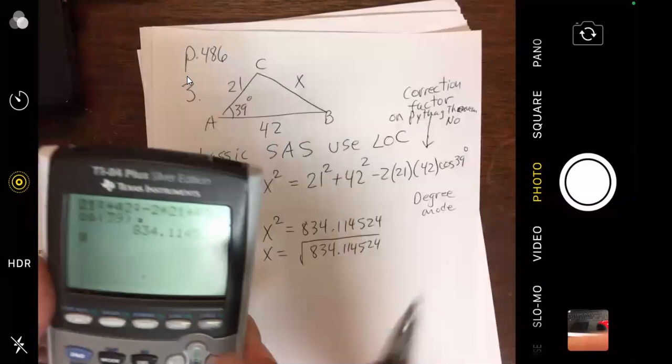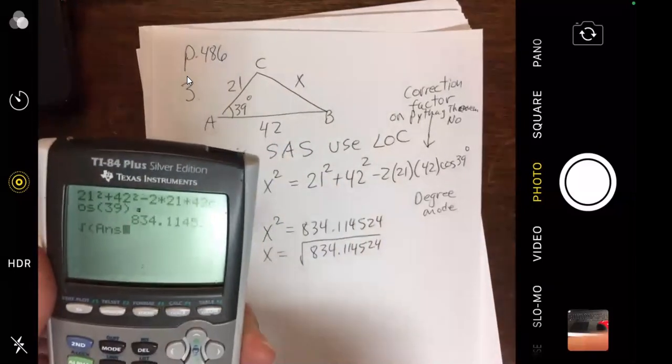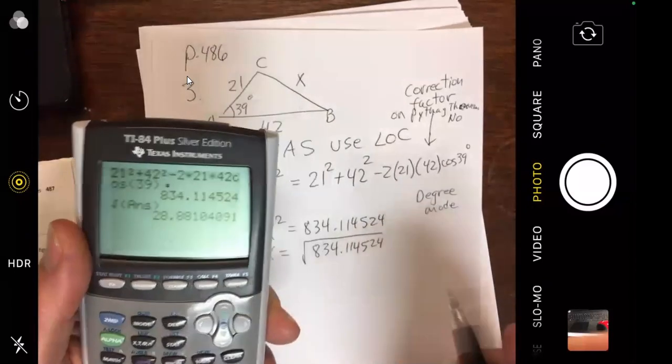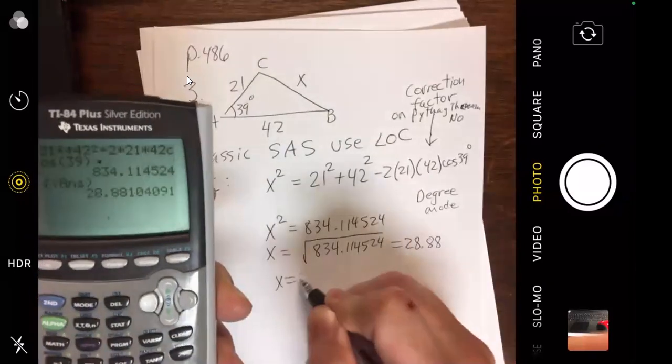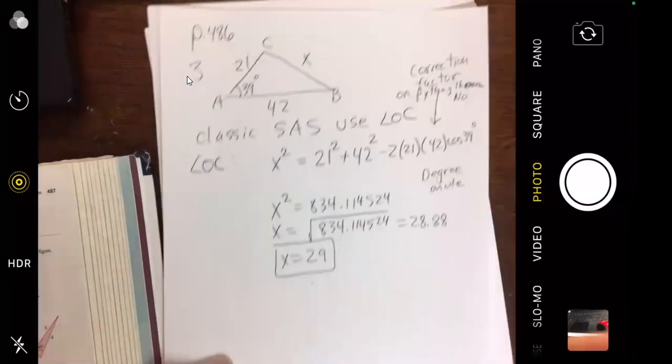You can do square root of the answer, 28.88. Seems to be integer precision, so we'll call it 29.